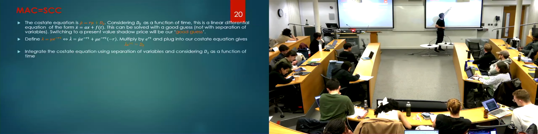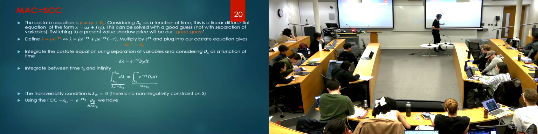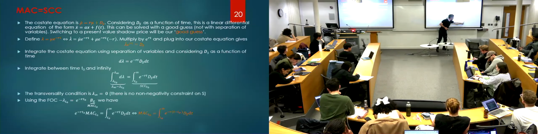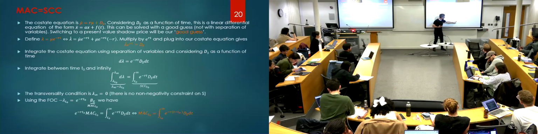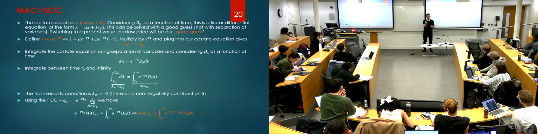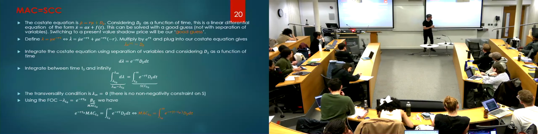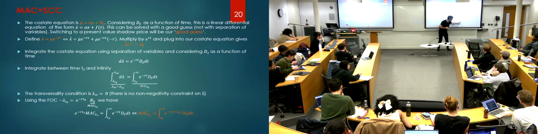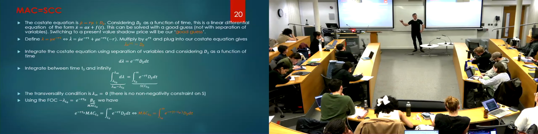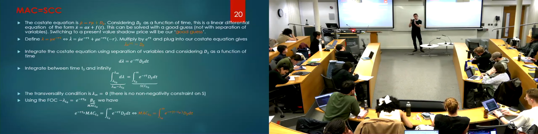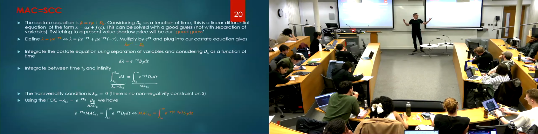So I integrate this, and I get this very intuitive relationship. The marginal abatement cost today, the marginal cost of avoiding 1 ton of emission, should be equal to the discounted sum of all future avoided damages from that ton. That's going to be the marginal damage on your trajectory over the whole future path.